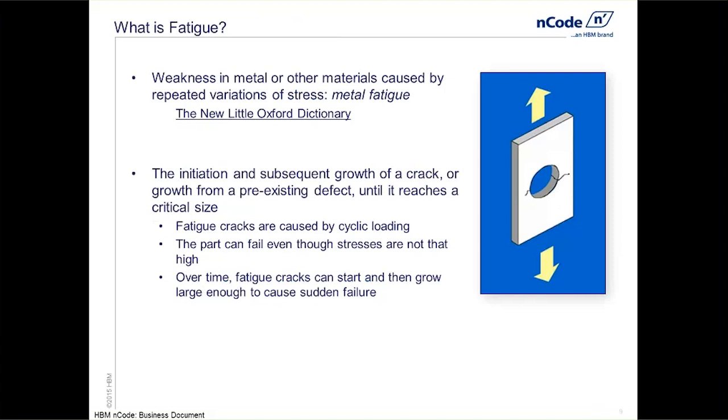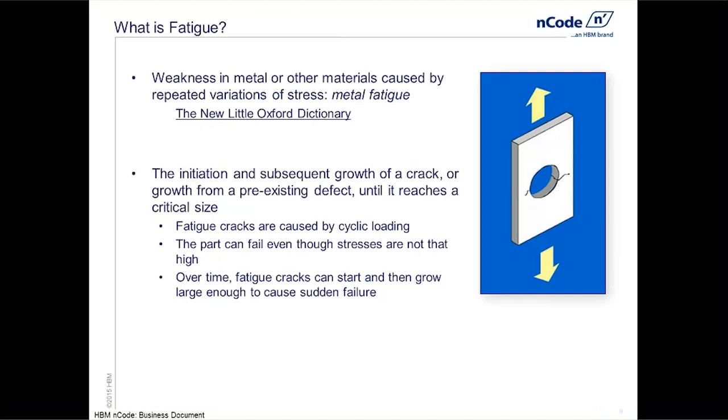Okay, so we can then ask ourselves another question, and that would be, what is fatigue? So we've talked about it. We know that it has to do with parts lasting for a certain period of time. We want to know how things perform over a long period of time. So let's define that from a physics standpoint. If we look it up in a dictionary, we might see something like this first definition here at the top: weakness in a metal or other materials caused by repeated variations in stress.